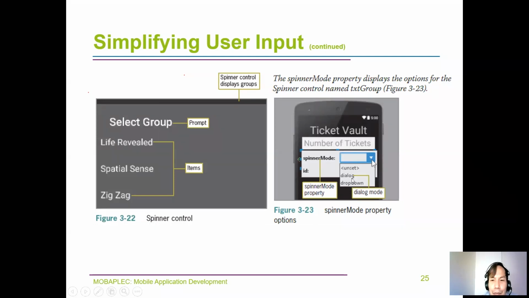So you have to set it in order for you to check the application as we go through with the emulator. So assuming the dialog box is selected, that's how the user input shows.